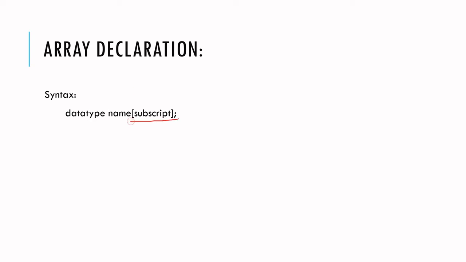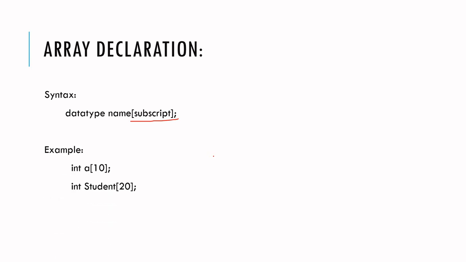For function notation, you use open and close parentheses, but for an array we use an opening square bracket and a closing square bracket, and then you have to put a semicolon without fail. This is the syntax of how to declare an array.